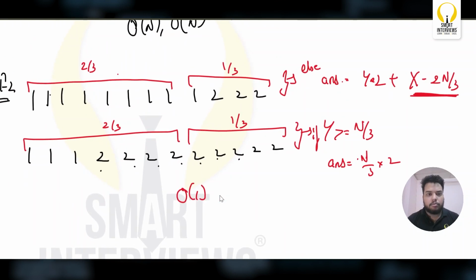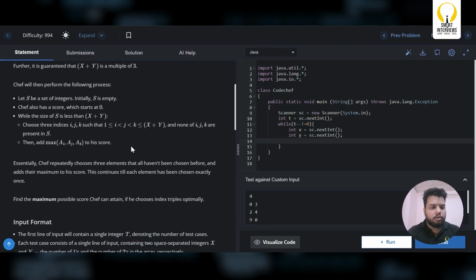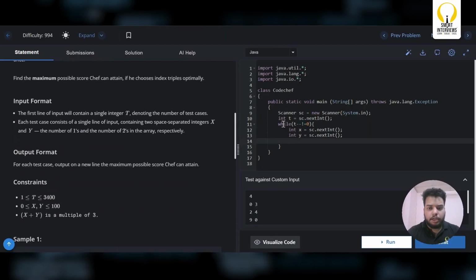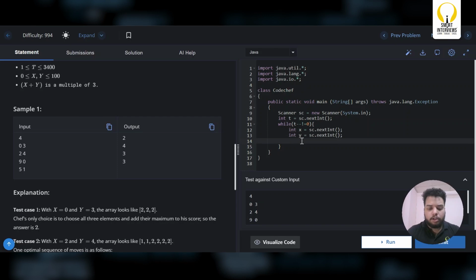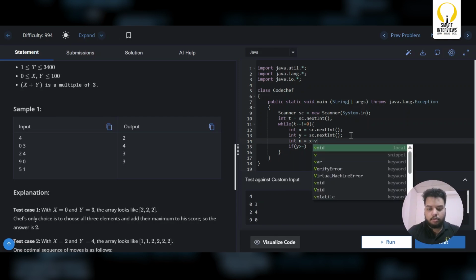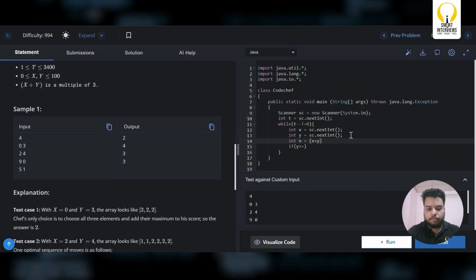Let's see in code. In the code, we need to read the number of test cases followed by the x and y. Now, according to our logic as discussed, if my y count is greater than or equal to, so we need to define n. So n is nothing but x plus y by 3.